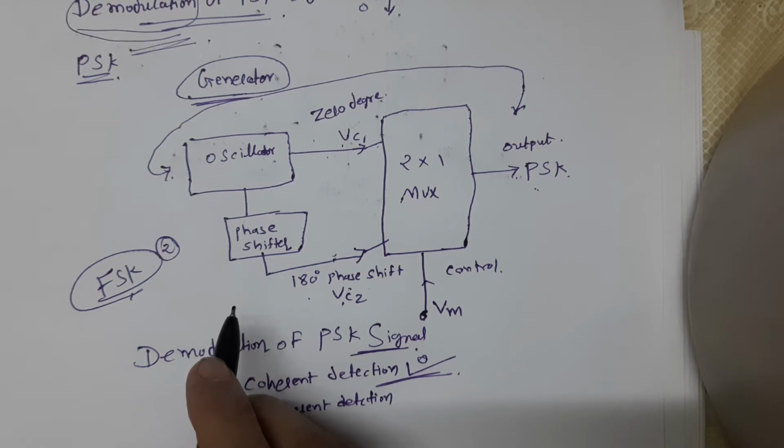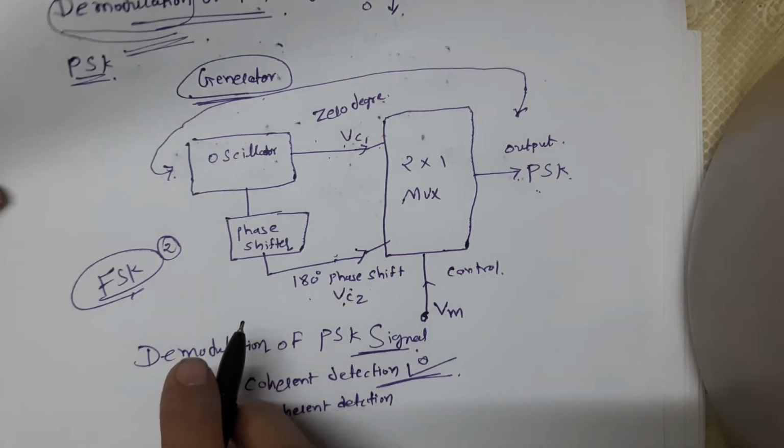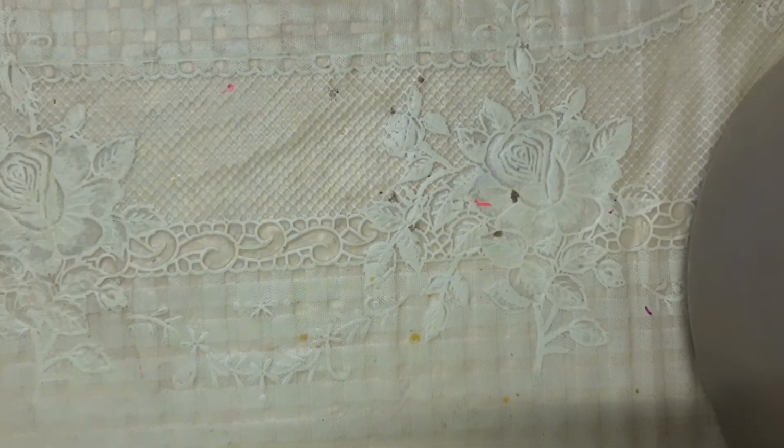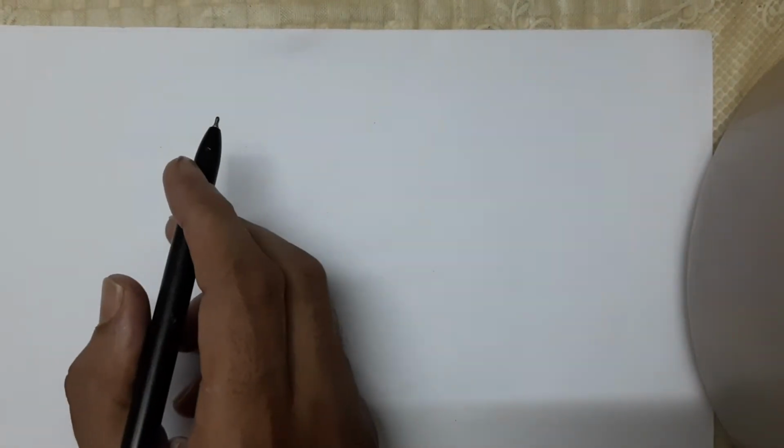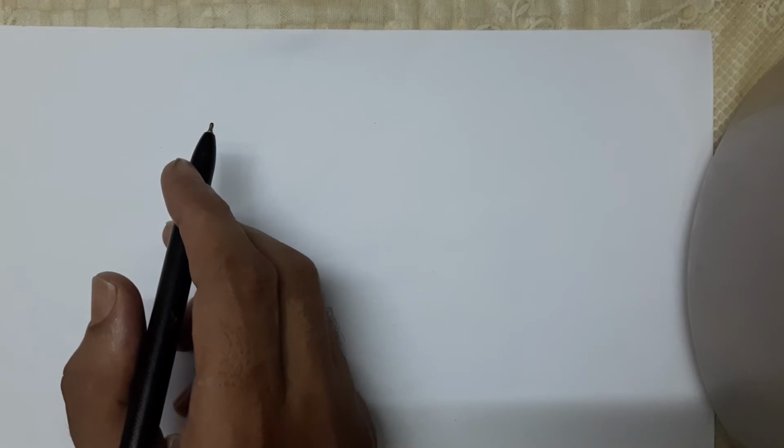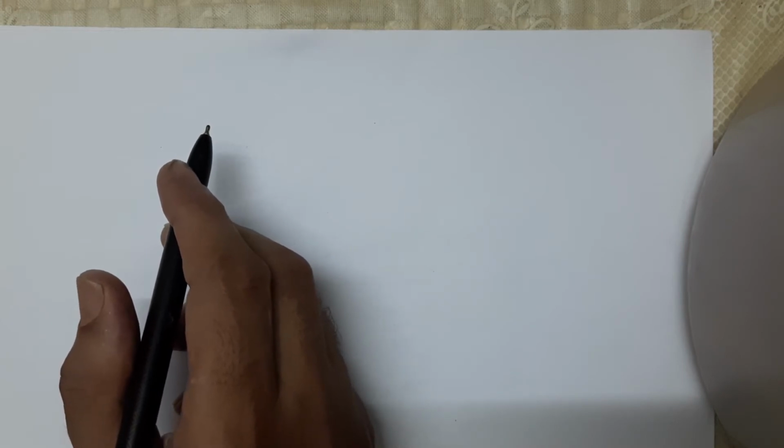But in PSK, the two ASK signals are separate in phase value, not in frequency. There is a phase difference, not a change in the frequency.